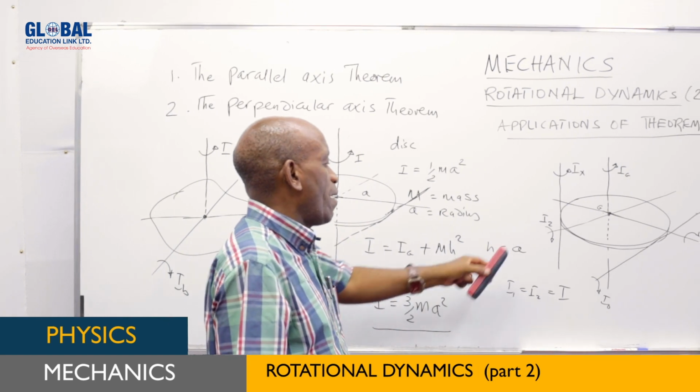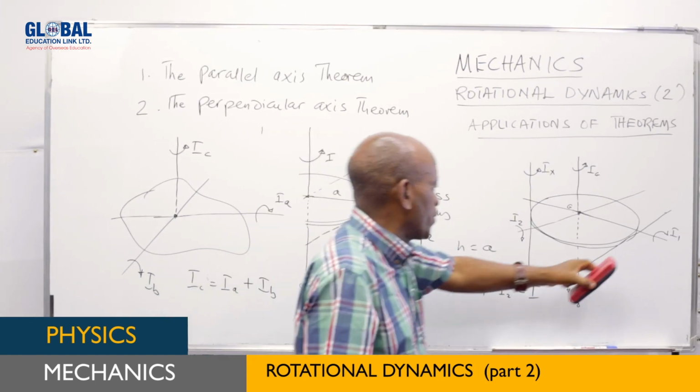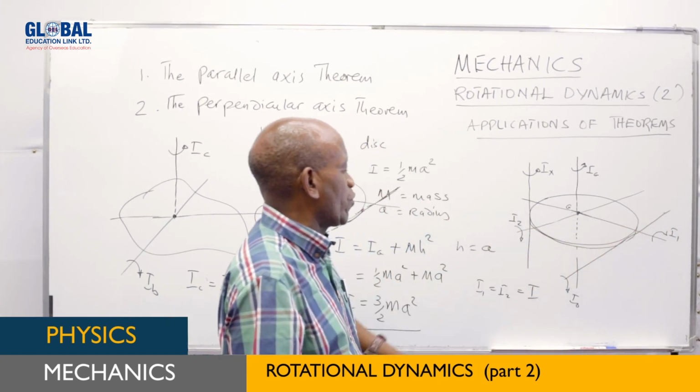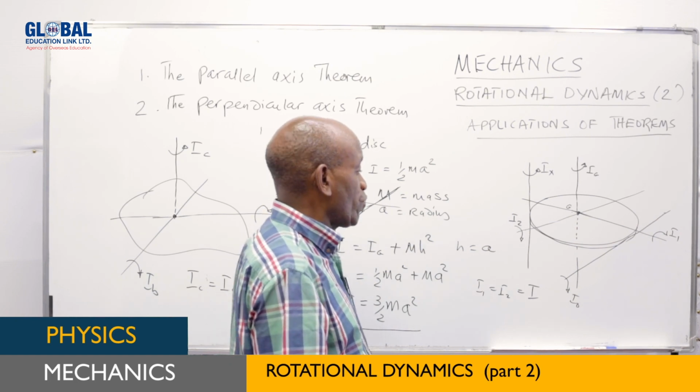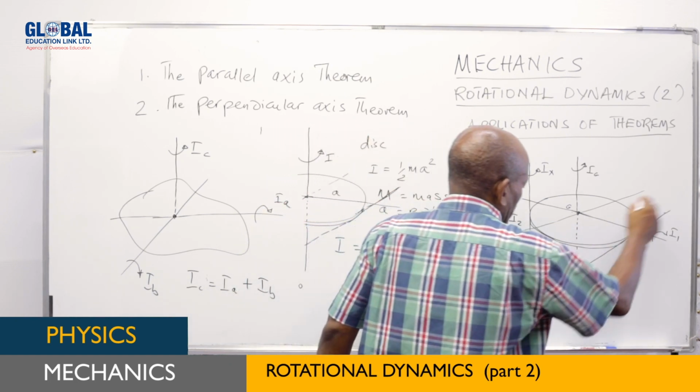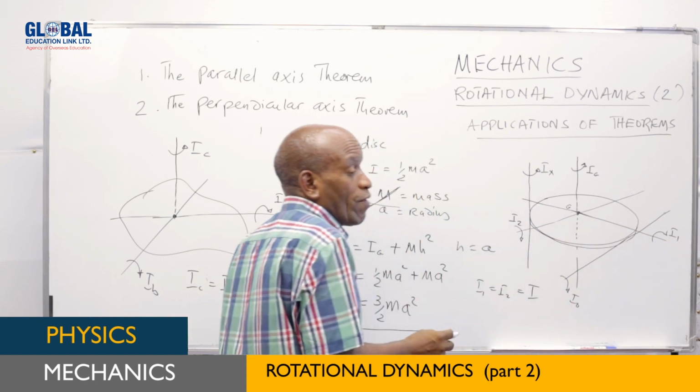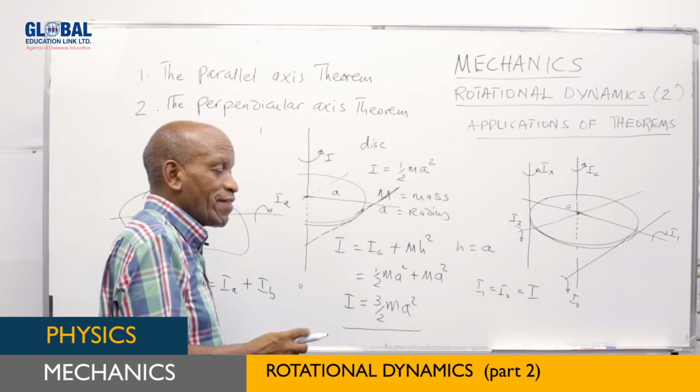So here, I'm looking at the moment of inertia through an axis that is just passing on its edge. But first of all, I need to establish the moment of inertia of an axis that is passing over the plane of that particular disk.